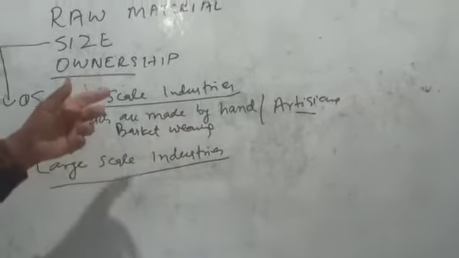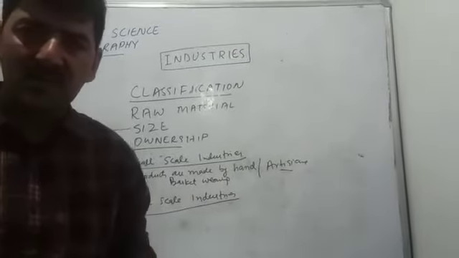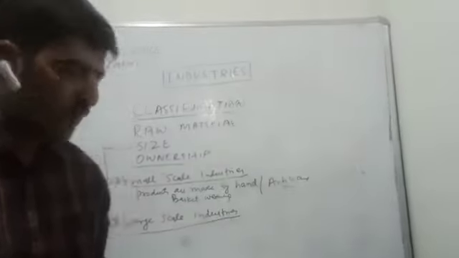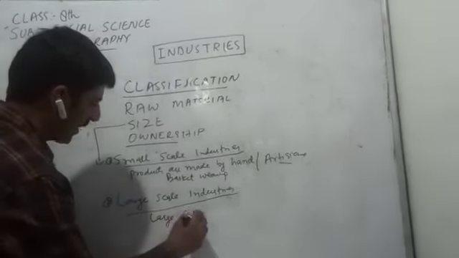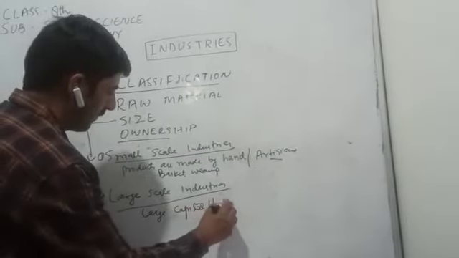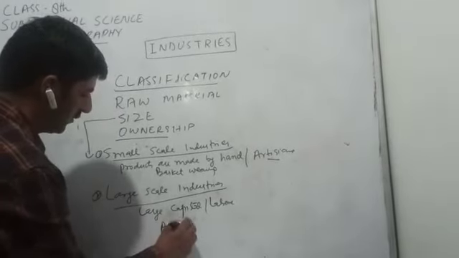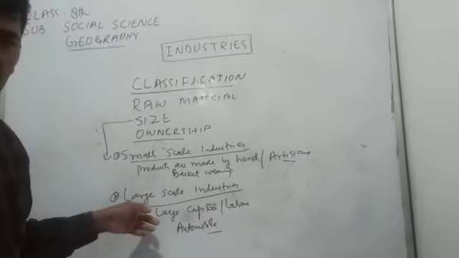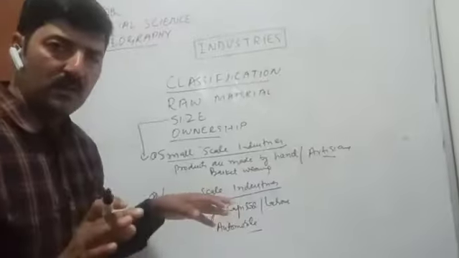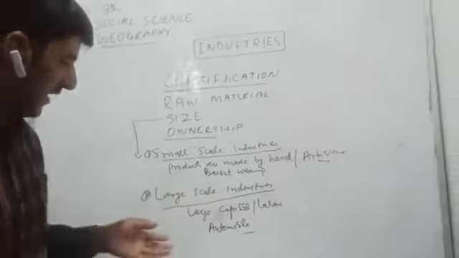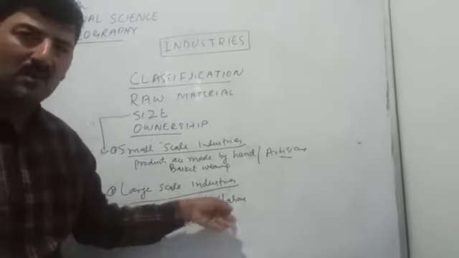These are actually cottage industries. Large scale industries are those where there is mass production of goods, like the automobile industry. Therefore they need large capital and large labor.